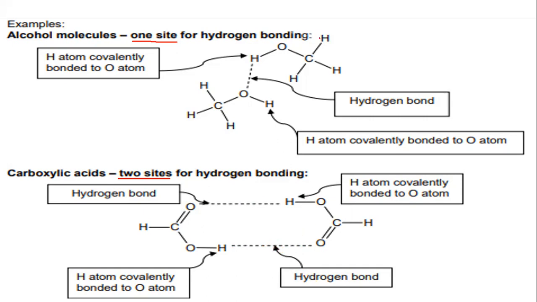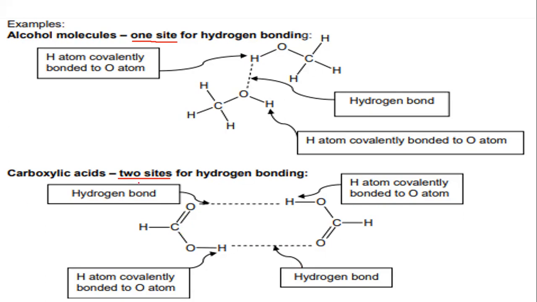So in essence, what we are seeing here is that alcohols only have one side for hydrogen bonding. So it will make fewer hydrogen bonds as compared to carboxylic acids, which have two sides for hydrogen bonding. And as a result, carboxylic acids will have stronger hydrogen bonds compared to alcohols.